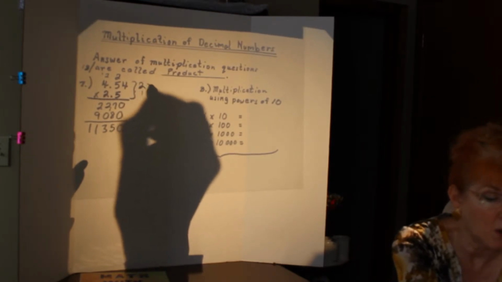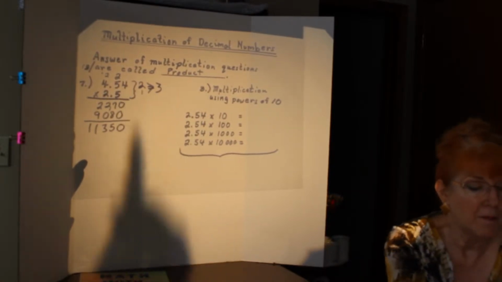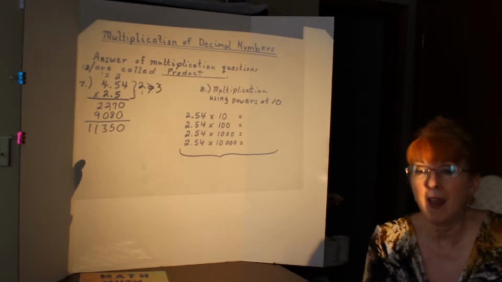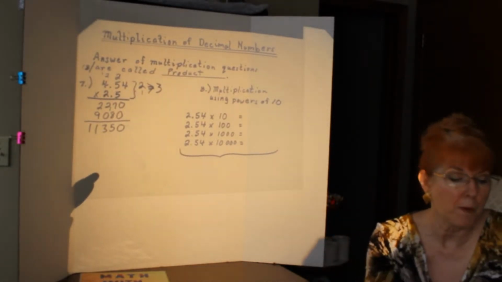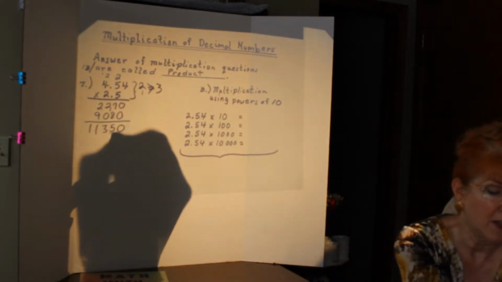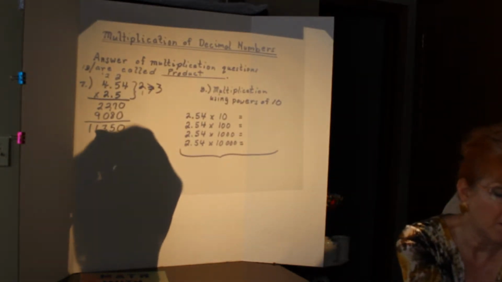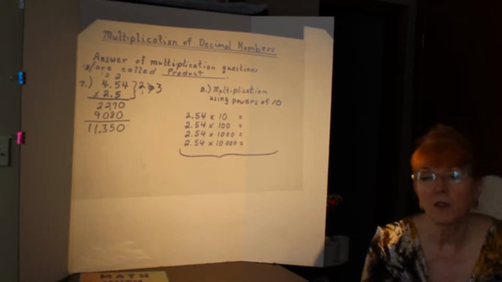So I have a total of 3 numbers behind. Starting at the end of your number, you're going to count to the left 3 places. So I'm going to start here and go 1, 2, 3. So my decimal is going to go there.